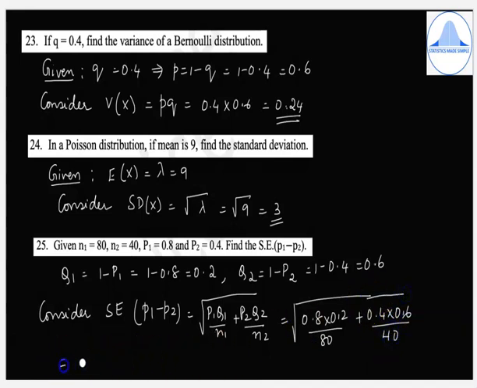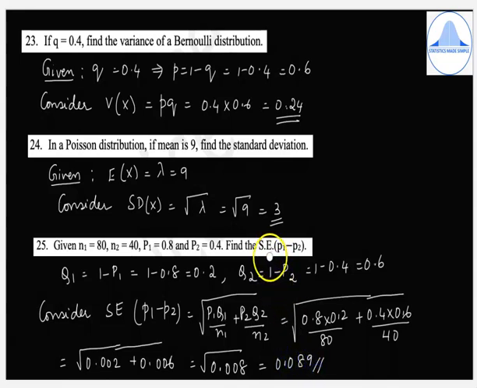So simplifying further, this is equal to root of 0.002 plus 0.006, and simplifying further, we get root of 0.008, which is equal to 0.089, which is the standard error of the difference of the sample proportions.